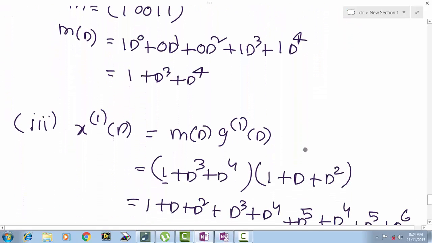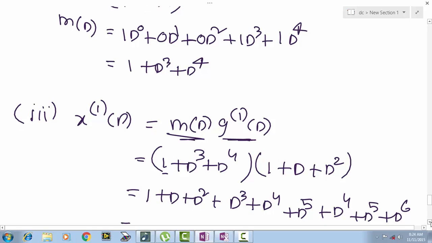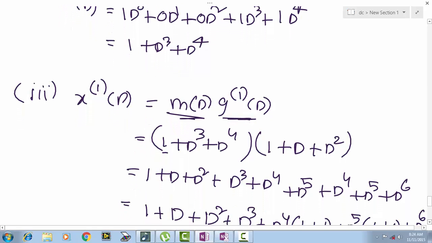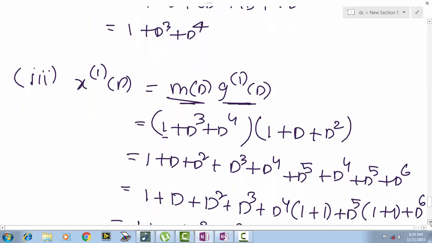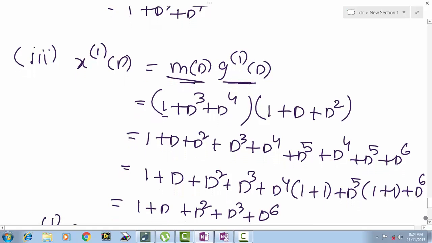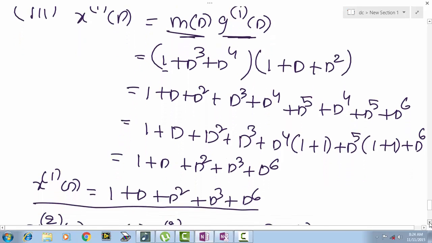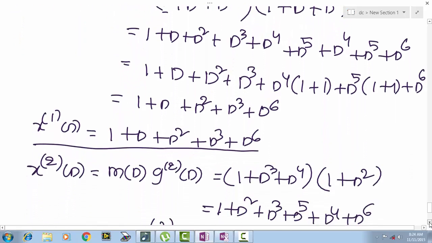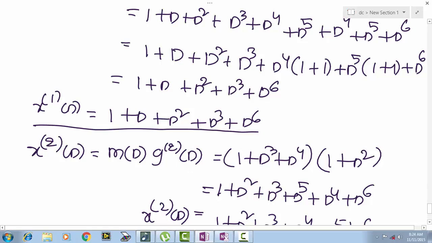To obtain the first output, multiply the message polynomial with the first generator polynomial, and remember, while performing multiplication it has to be modulo 2 multiplication, and when you are having two terms in common, then you have to go for modulo 2 addition. Similarly, compute the second output polynomial.